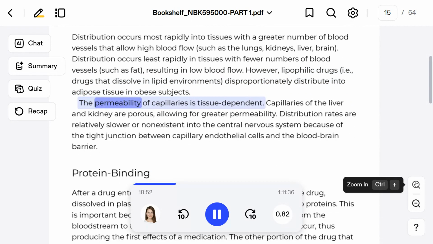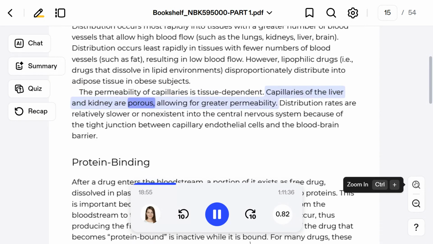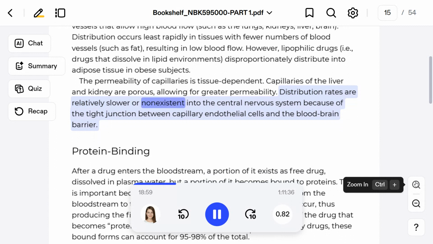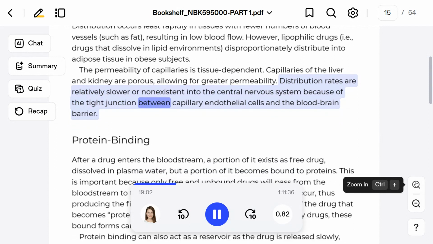The permeability of capillaries is tissue dependent. Capillaries of the liver and kidney are porous, allowing for greater permeability. Distribution rates are relatively slower or non-existent into the central nervous system because of the tight junction between capillary endothelial cells and the blood-brain barrier.